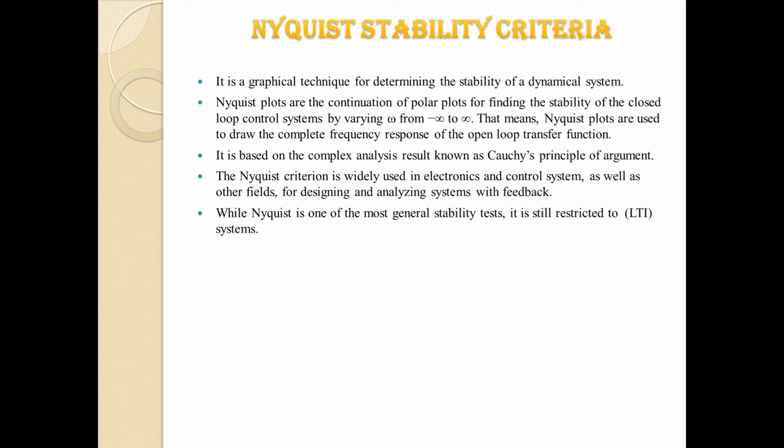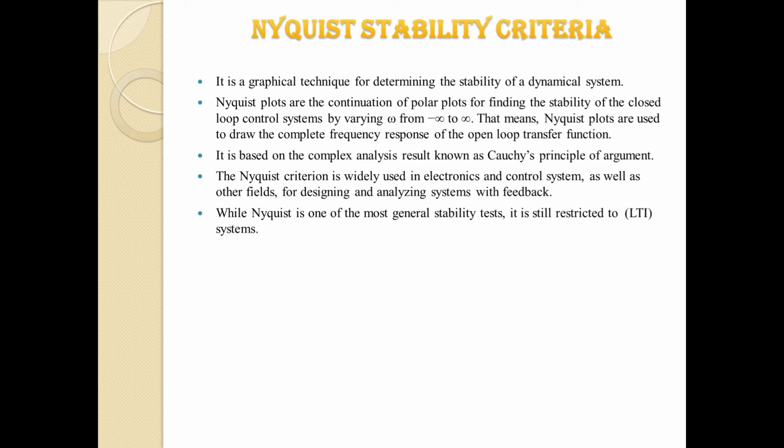The relative stability is related to the settling time. A system with poles farther away from the imaginary axis in the left half is considered to be relatively more stable when compared with a system having poles close to the imaginary axis.